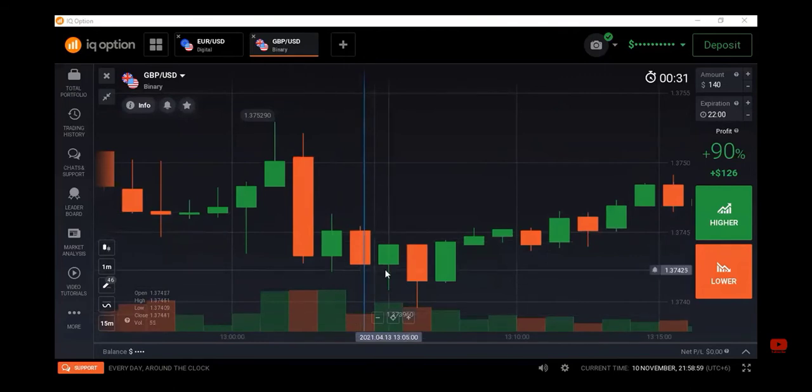Again, this candle's volume is high, but this candlestick is weaker than this one. So if we analyze from here to here, everything is clear now.